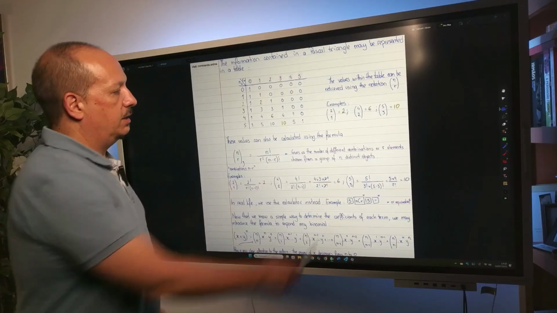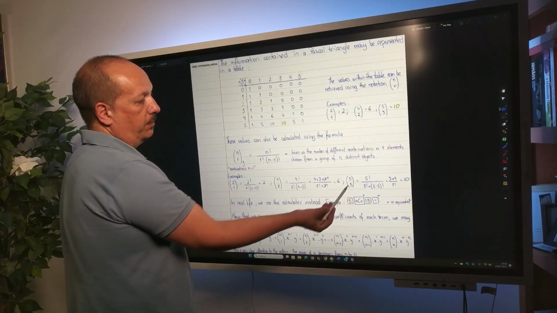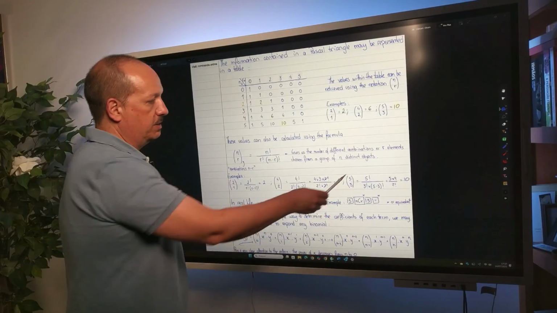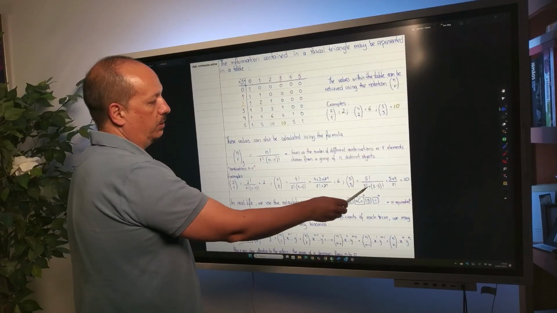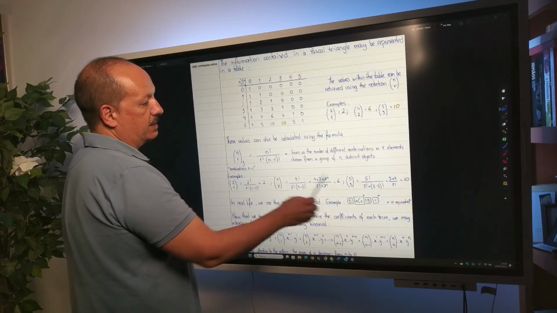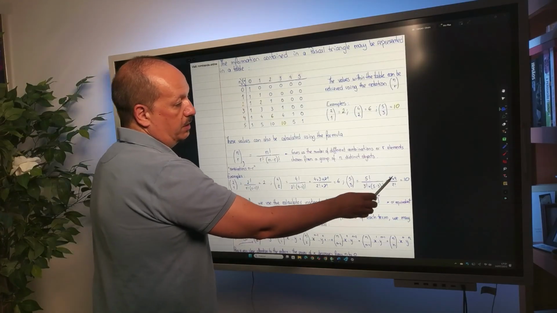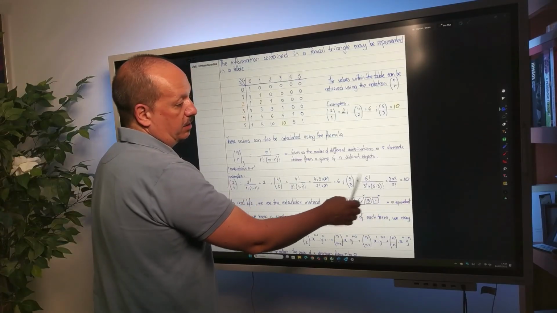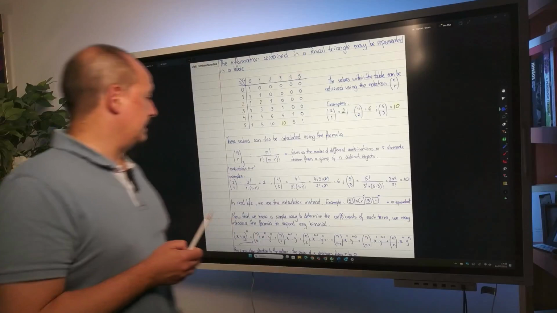So 5 factorial, this is where you are using factorials. 5 factorial divided by r, which is 3 factorial, times n minus r, which is 5 minus 3 factorial. So this is the result. If you plug this in a calculator in one go, you will eventually have the value 10.